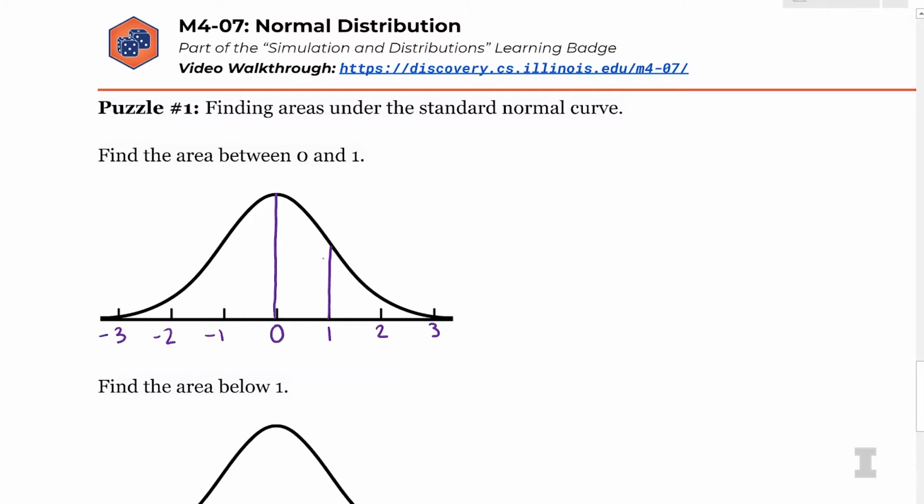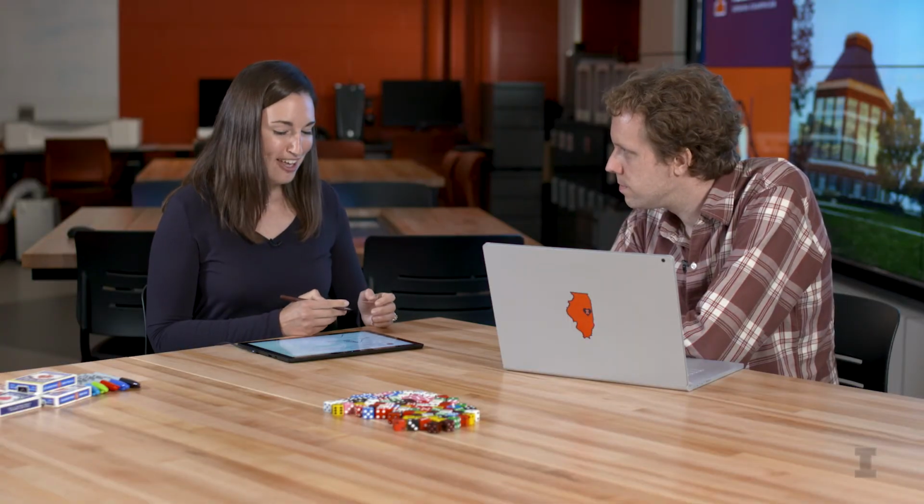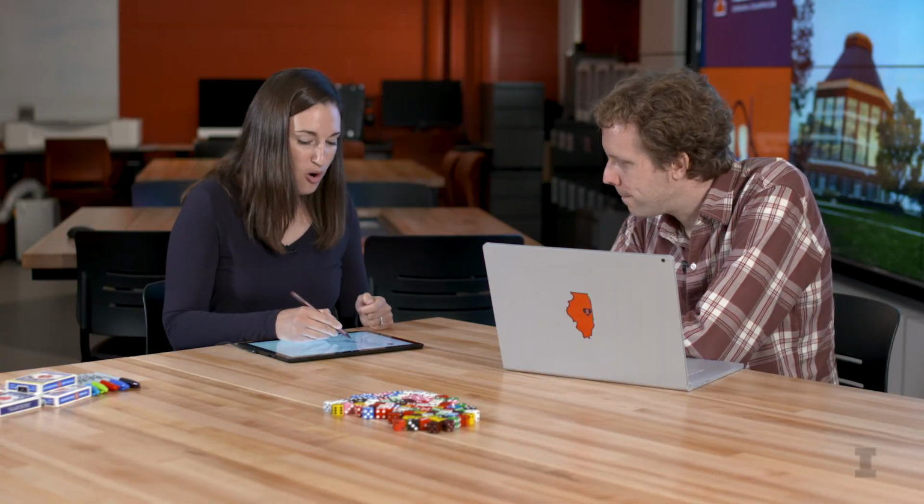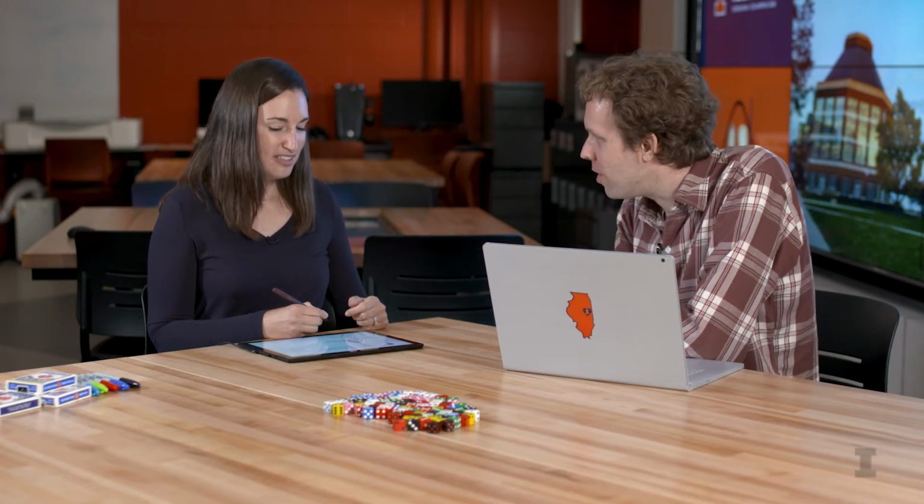And I can make an estimate before I actually find the calculation. So 0 and 1 is the area that I want. If I look on the table, I can't look up anything that just gives me the value between 0 and 1, right, Wade? Yeah, we're always going to have all the area to the left, so it's going to include some area we don't want.